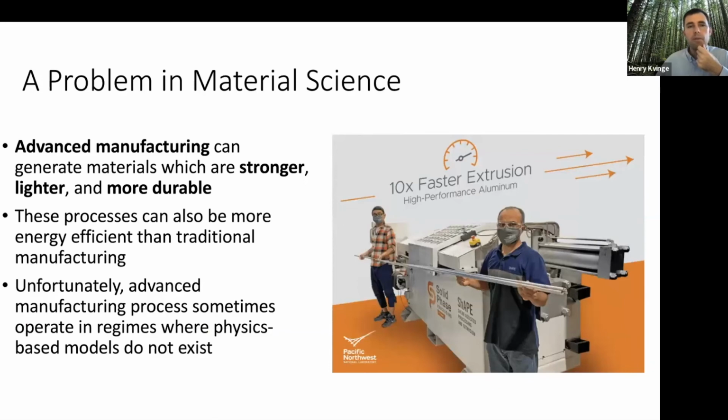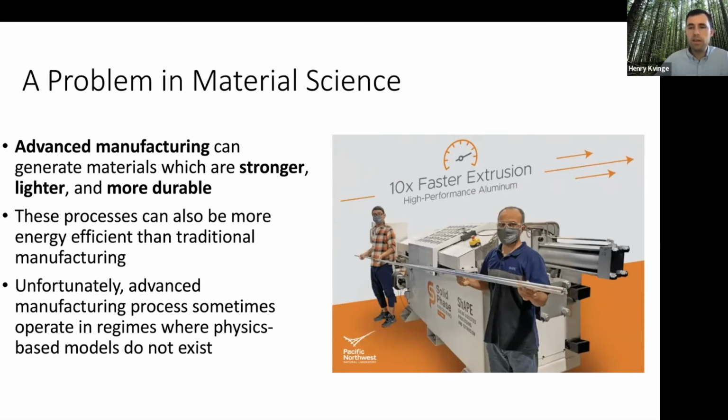So the last thing I'll talk about is a problem in material science that we just published a paper on this spring in ICLR. The background is that advanced manufacturing is the process of generating materials at regimes that are not usually encountered. It holds a lot of promise for current problems in the world, since it's able to generate materials which are stronger, lighter, more durable via processes that are more energy efficient, which of course is something we definitely need to be doing.